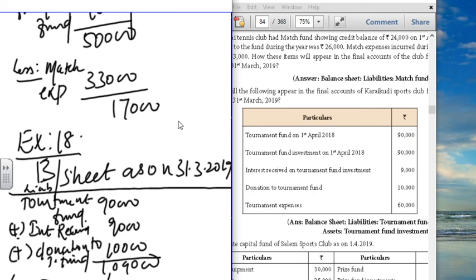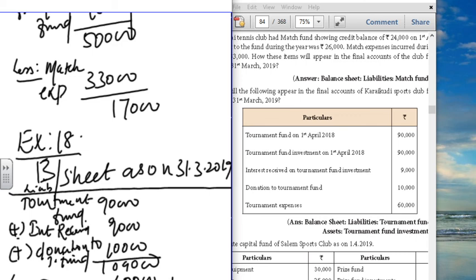Expenses means you have to minus it. Receipt means you have to add. Expenditure, sorry, it is 60,000. So your answer is going to be 49,000 in the outer column.